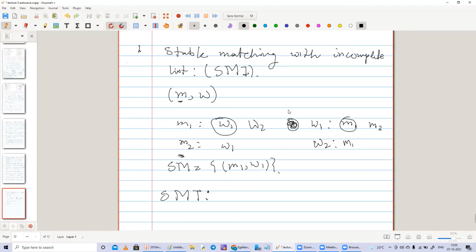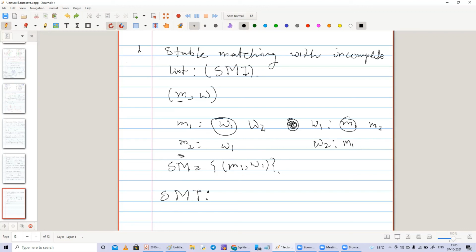If W2 had M2 on its list, then it would be a different case, and it would be a complete stable matching, and M2 and W2 would get matched with each other. But that cannot happen. We assume that if W2 is not present in M2's list, then M2 is also not present in W2's list.